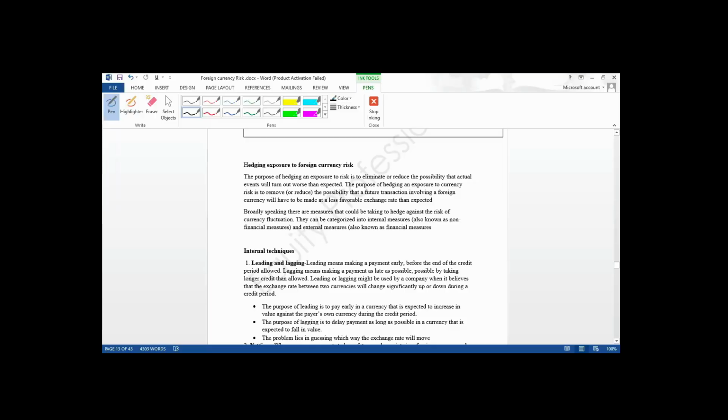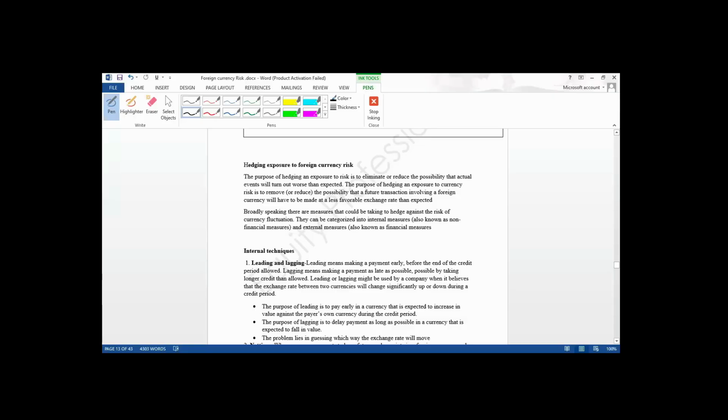There are two categories of measures. We have internal measures and external measures.